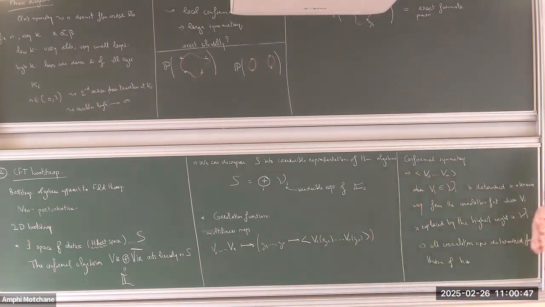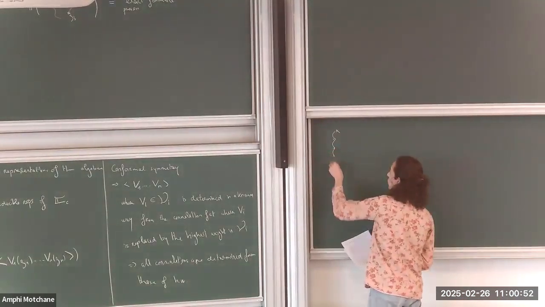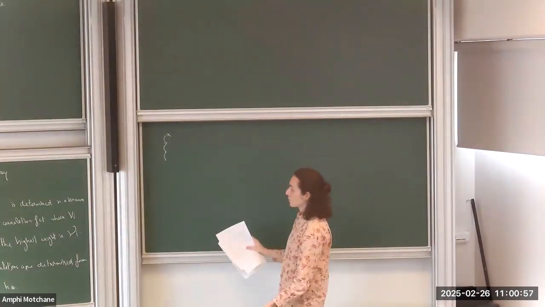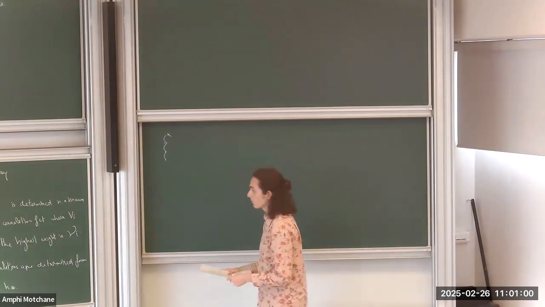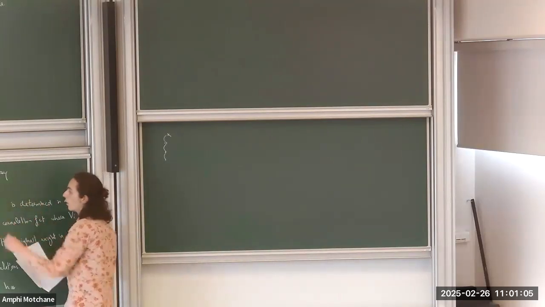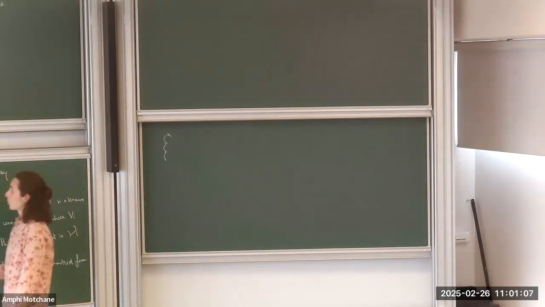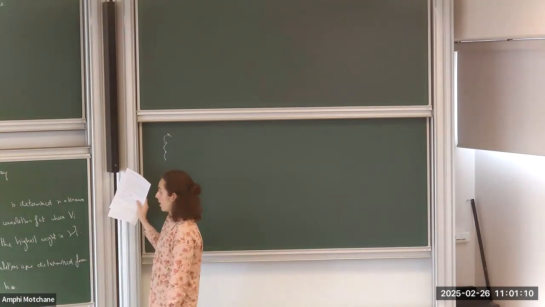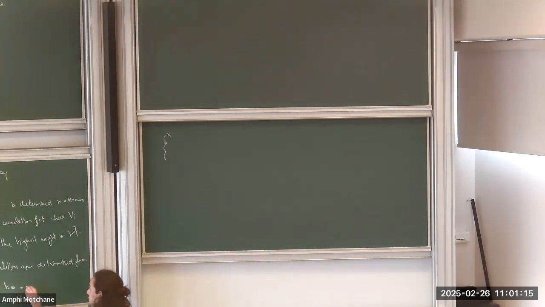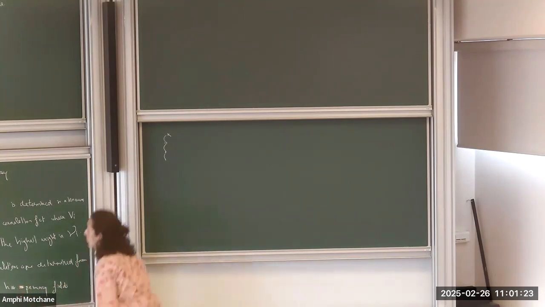You know that they have a certain highest weight, and then by acting with SL2 ladder operators, you can generate all of the representation. And the same is true for the Virasoro algebra. So conformal symmetry is very important. It allows us to reduce the problem of computing all of the correlation functions to computing correlation functions of highest weight, which we call in CFT primary fields. So this is just a definition.